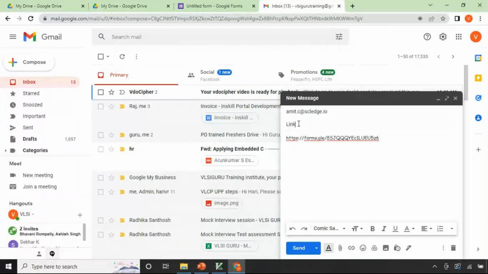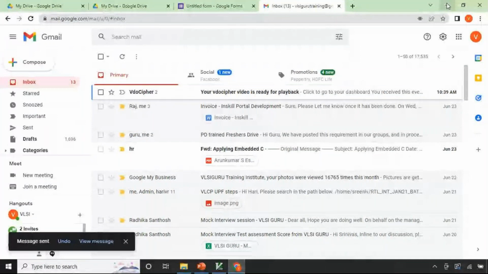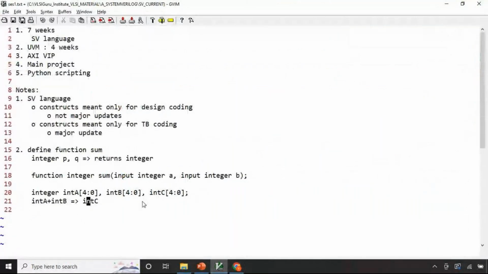Anyone else? I think others are able to copy. Another 2 minutes should be good. Actually, this requires only 1 minute because if you have gone through the whole Verilog for 2 months, 1 minute is good enough.